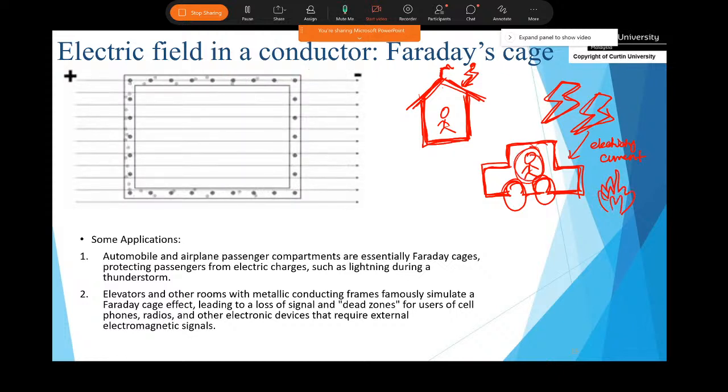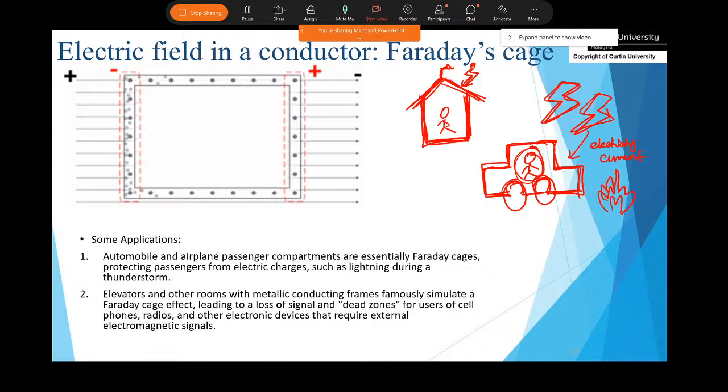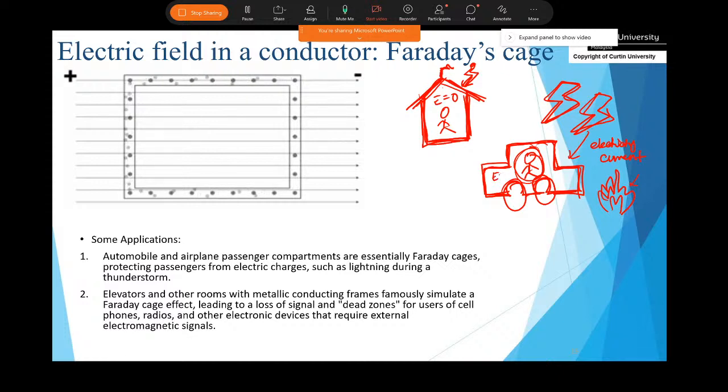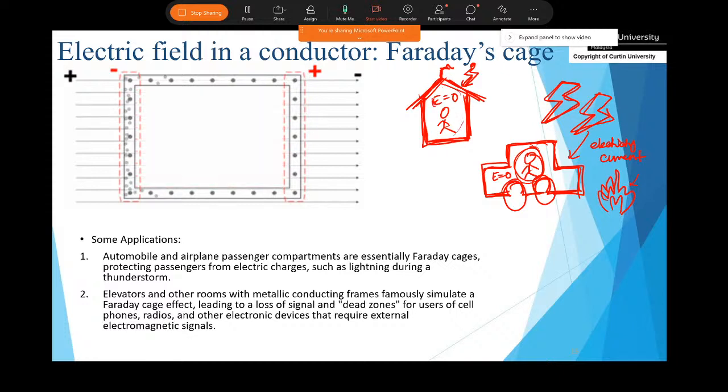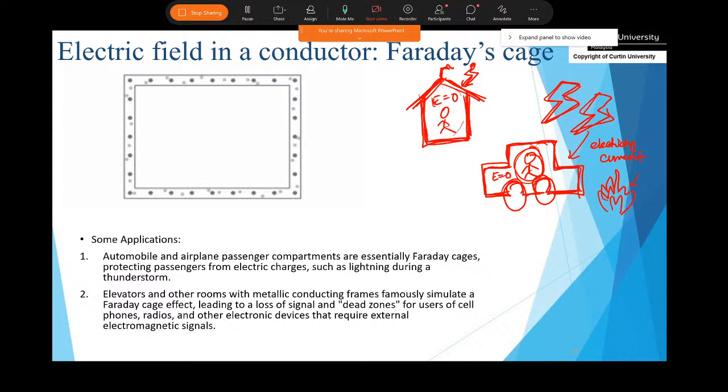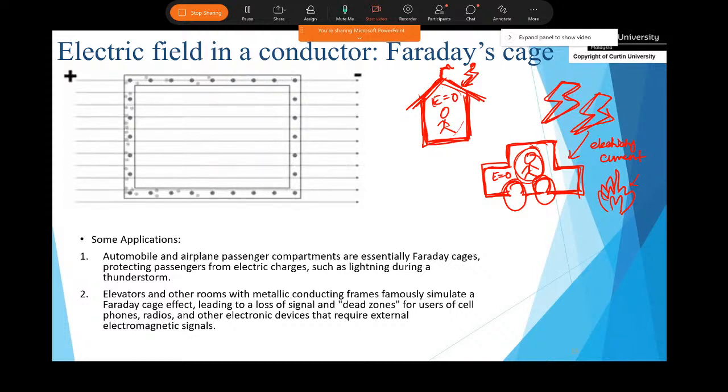So the person who sits inside the car won't die because of the charge, but he dies because of the fire, right? So this is what we mean by Faraday's cage here. Due to the zero electric field inside the conductor, the subject inside the conductor won't be affected by any effect of electrostatics.